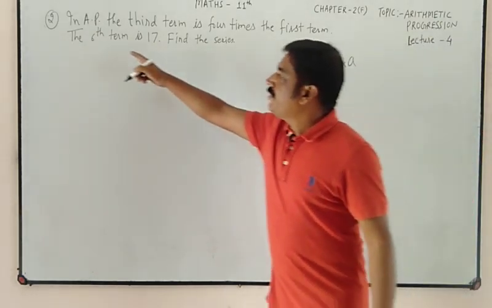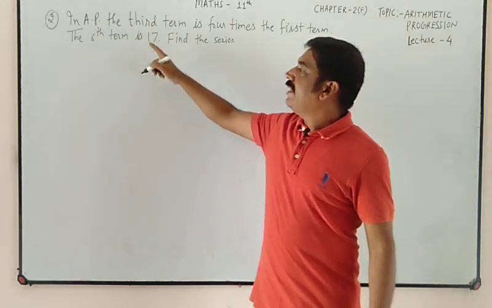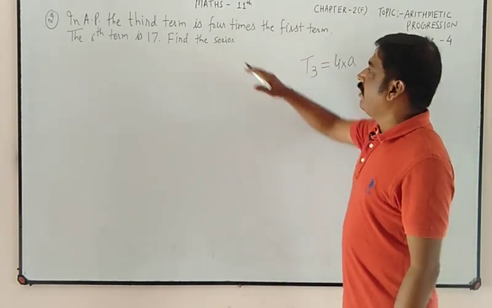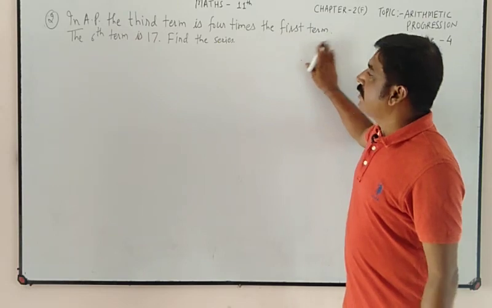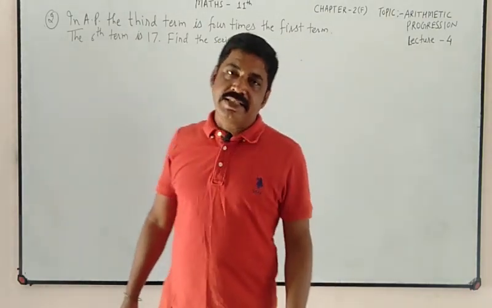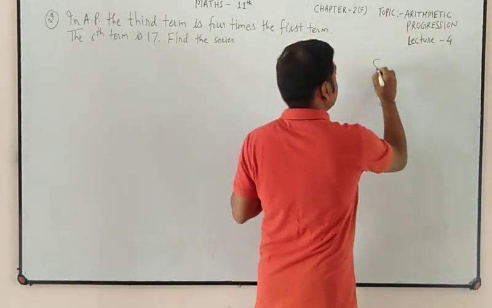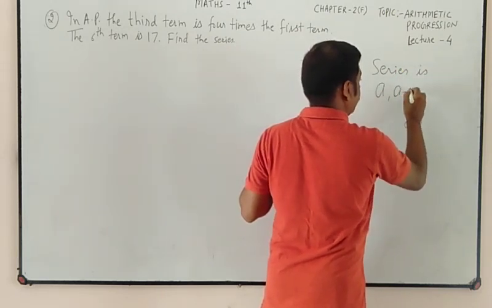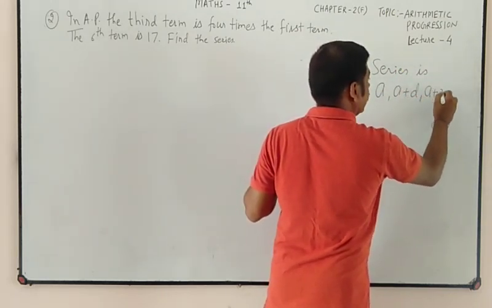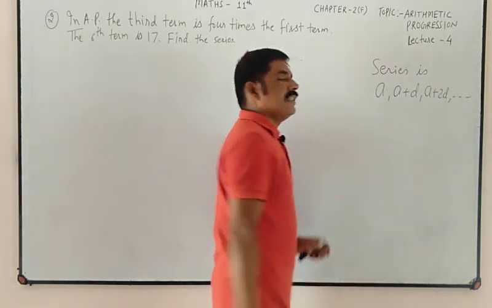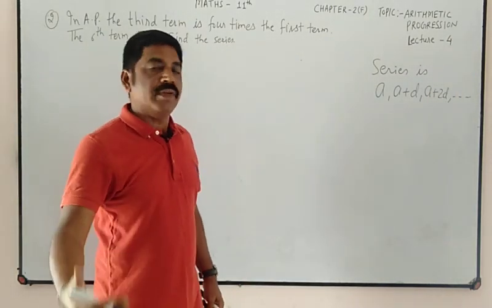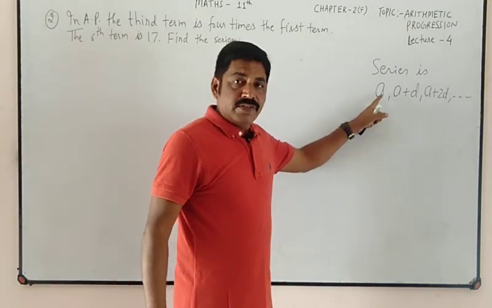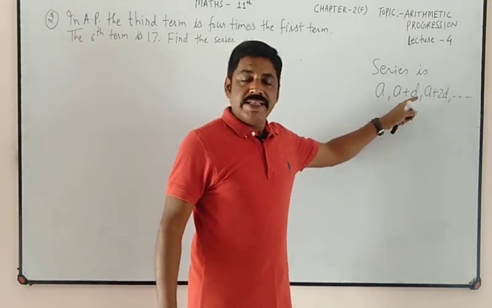And also we are given the sixth term is 17. Find the series. So we have to find the series. Now the series is a, a plus d, a plus 2d, and so on. So this is the series. So our target is to find the values of a and d.